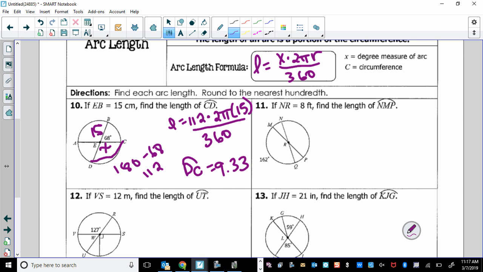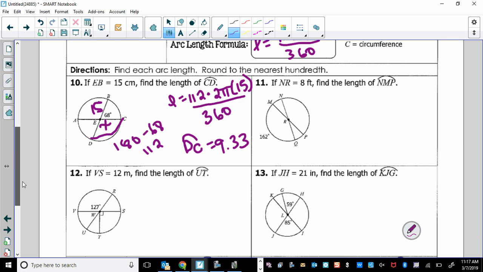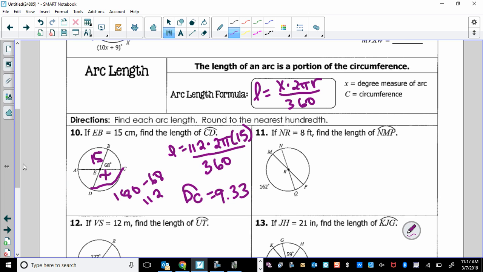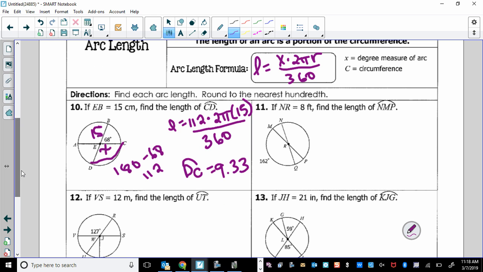Okay, so that's all you have to do for this section. It just takes time in terms of knowing what you have to find. So if I try to do number 11, you're looking for NMP, so I have to go this direction, right? It's everything around it. You can see MP is the diameter, so that's going to be 180.